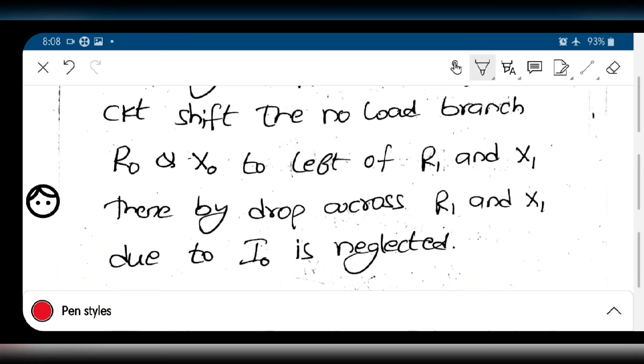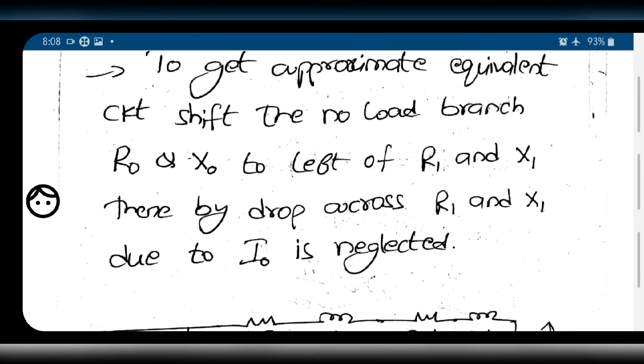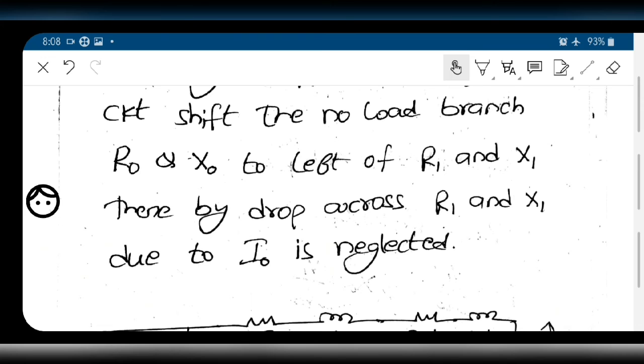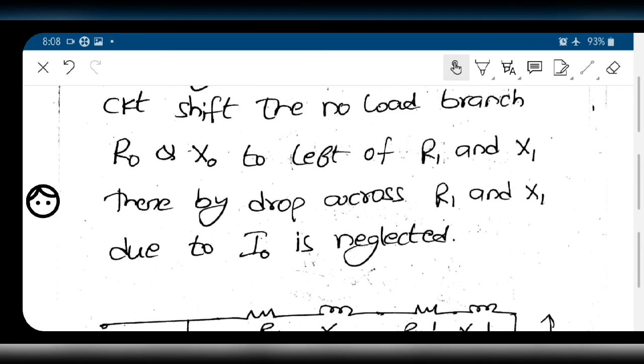Even if that current is neglected, there won't be much error in calculations. So by shifting the no load branch to the left of R1 and X1, we are neglecting the drop due to I0 in the primary winding resistance and reactance.